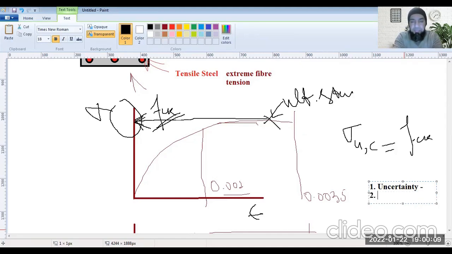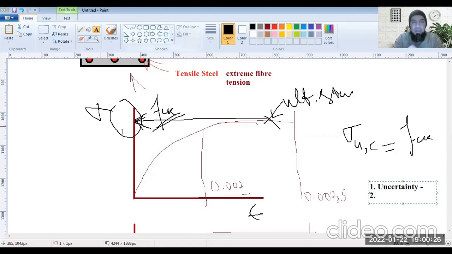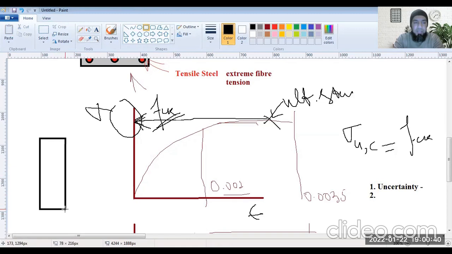And then we usually determine FCK for the cube sample. While from the shape factor, if you check for a cylinder sample, you could get a lesser amount of strength there, because the cylinder has got one dimension quite larger than the other. So cylinder is somewhat like this. So it has got a shape factor.